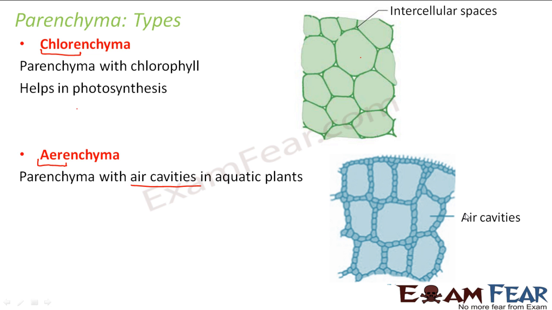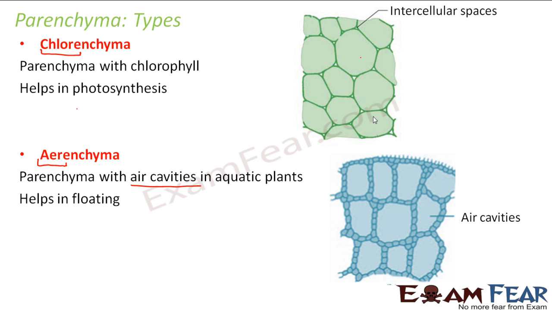So that means it will have more air cavities, and it is generally present in aquatic plants, because aquatic plants spend most of their time in water. In order to give them some air, these big air cavities are present in their tissues. It helps in floating, because for aquatic plants floating is an important aspect. So this Parenchyma helps in floating, right?